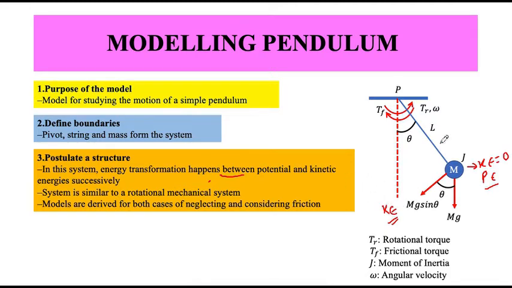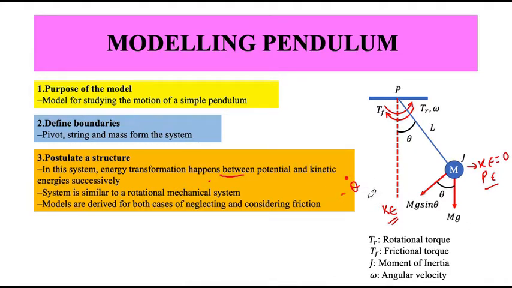So the system just oscillates between the point of maximum potential and maximum kinetic, then maximum potential, then maximum kinetic, and so on.